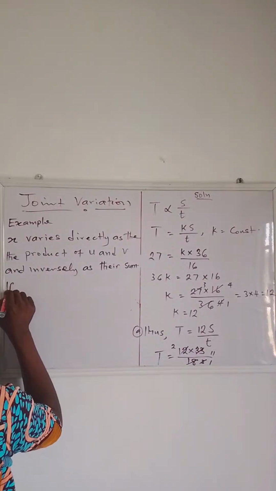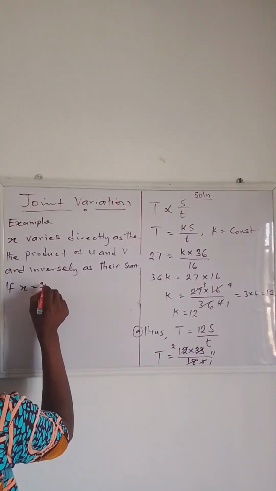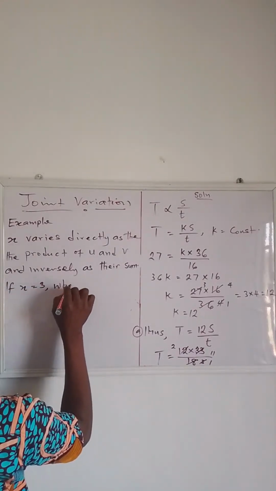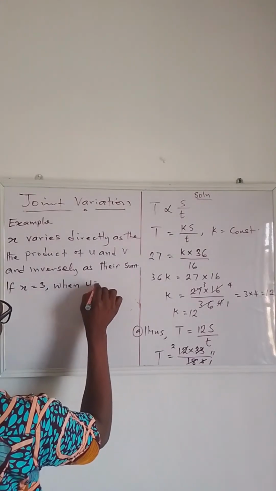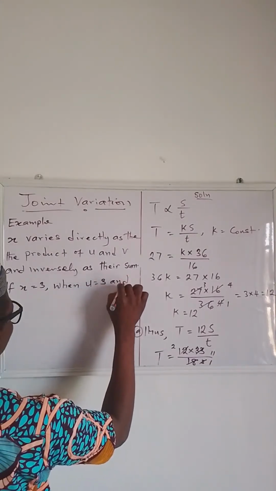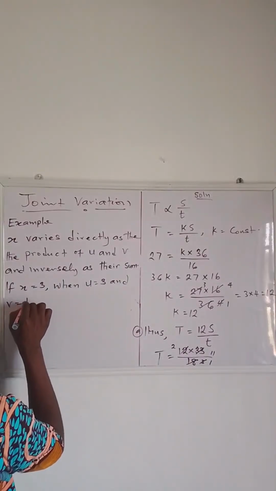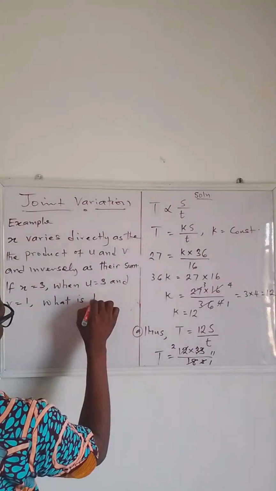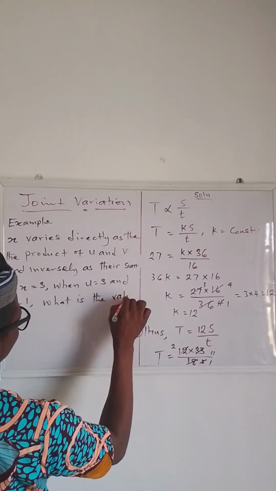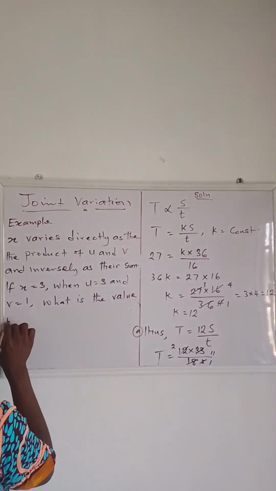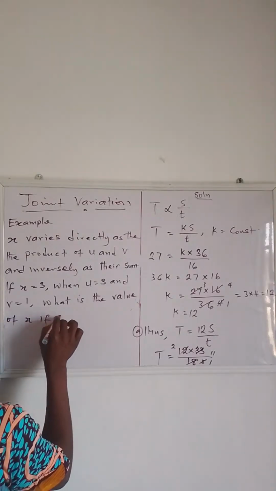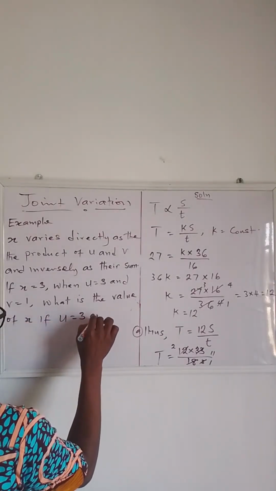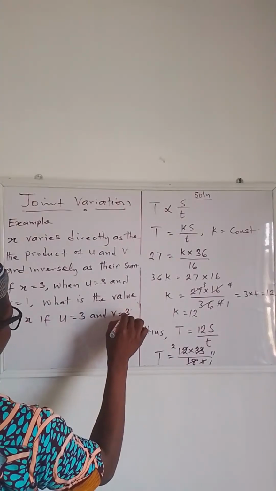Now, if x equals 3 when u equals 3 and v equals 1, what is the value of x if u equals 3 and v equals 3?